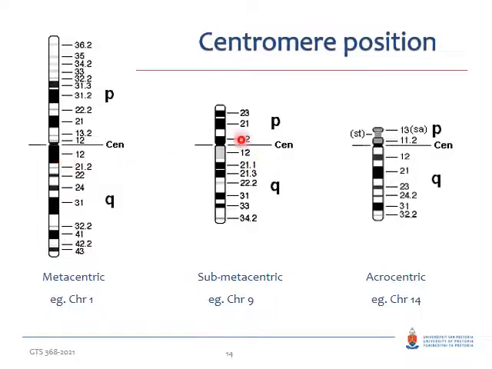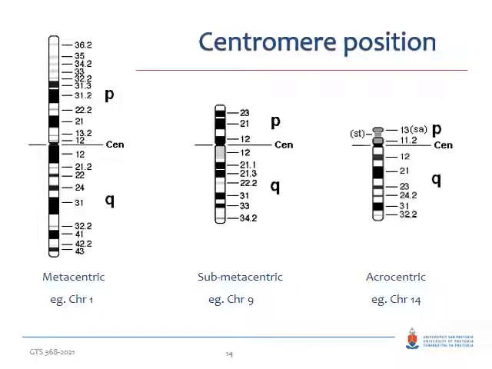And in submetacentric chromosomes, the centromere is towards one end, so that there is a clear short arm and long arm. And in acrocentric chromosomes, the centromere is towards the tip of the chromosome, making the short arm actually not contain any expressed genes.